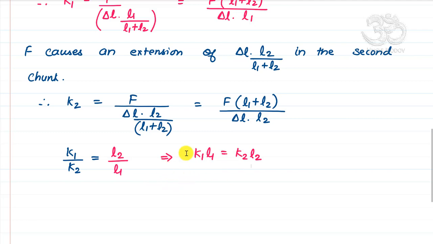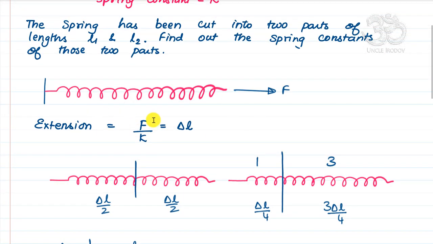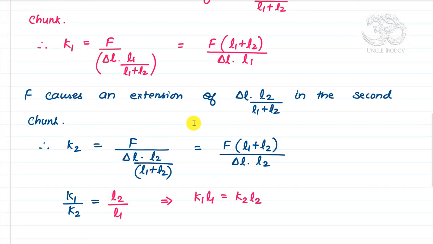And I can associate this with the total spring also. For the total spring, I can say that F would have been equal to KL, right? It would have been equal to K delta L really, right? So when I insert all that, I will get K1 L1 is equal to K2 L2 is equal to KL.